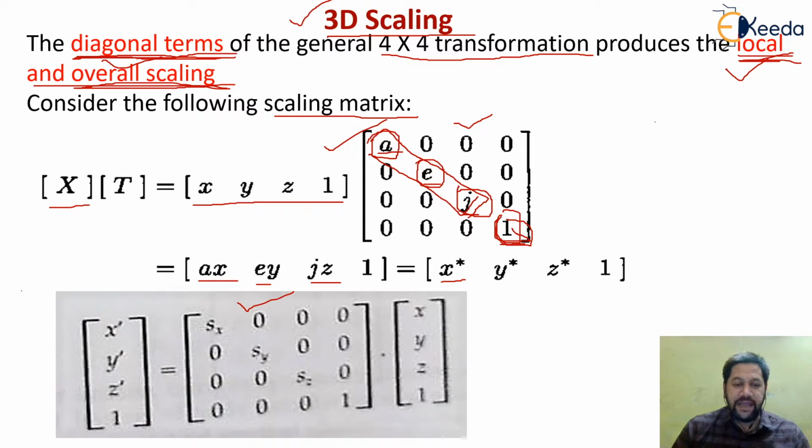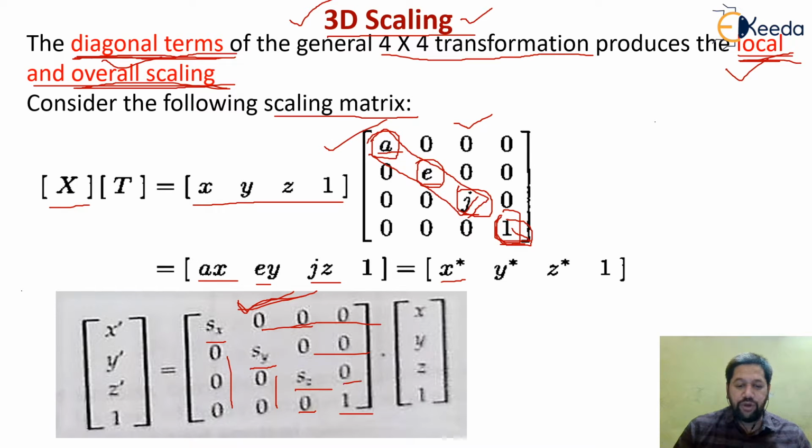Sx is the scaling factor in the x direction, Sy is the scaling factor in the y direction, Sz is the scaling factor in the z direction, and the overall scaling value is 1. This is also our three-dimensional scaling transformation matrix, with diagonal terms Sx, Sy, Sz and this value 1. So all these diagonal terms represent the 3D scaling. You can find that all the remaining off-diagonal terms have the value 0.